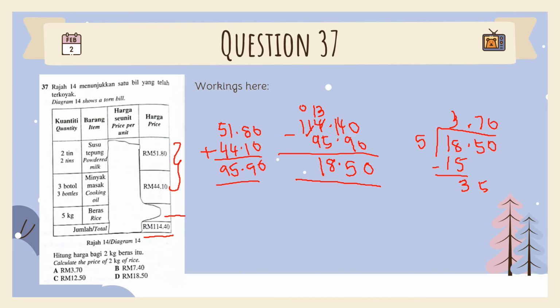So we get 3 ringgit and 70 cents. So 3 ringgit and 70 cent equals to 1 kilogram, also known as price per unit. Now they're asking for 2 kilogram, so we just have to multiply it by 2. And we will get 7 ringgit 40 cents, so we know the answer is B.